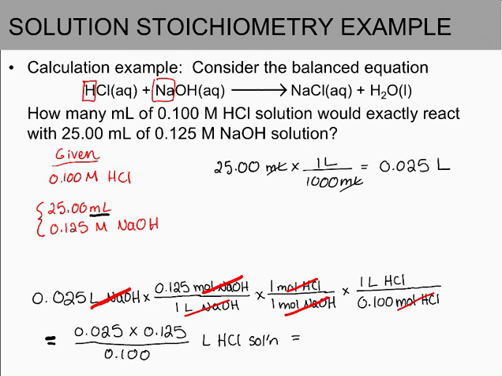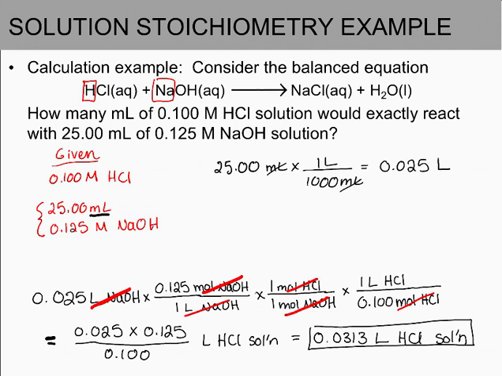If we plug that into our calculator, we'll end up with 0.0313 liters of HCl solution. So that's how many liters of that original HCl solution we need in order to react with 25 milliliters of 0.125 molar NaOH.